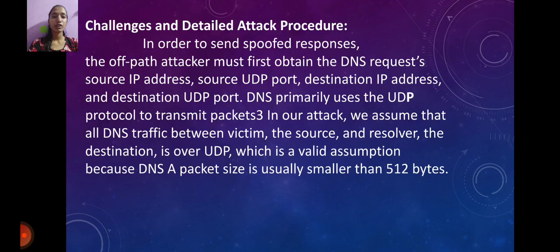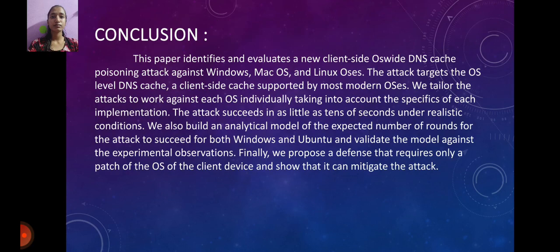DNS primarily uses the UDP protocol to transmit packets. In our attack, we assume that all DNS traffic between the victim, the source, and the resolver, the destination, is over UDP, which is a valid assumption because DNS packet size is usually smaller than 512 bytes.